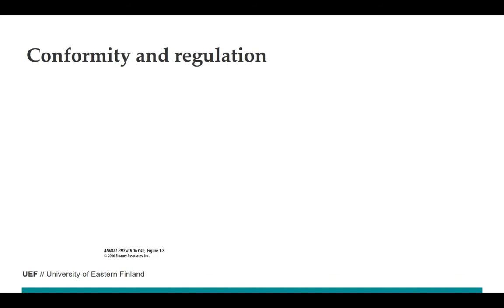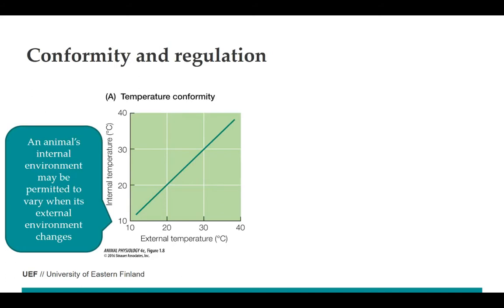We can have conformity or regulation. So if we have, for example, temperature conformity and think about ectotherms like fish, the internal temperature is the same as the external temperature.